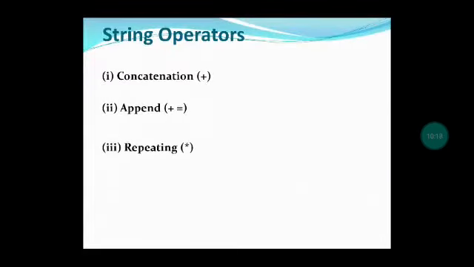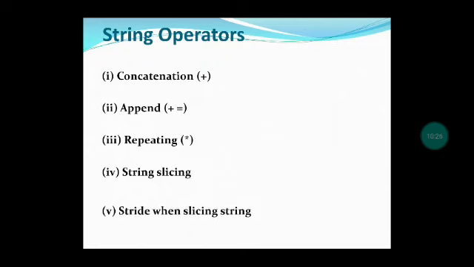The string operators in Python are concatenation, that is plus operator, append, that is plus equal to operator, repeating, star operator, string slicing, and next stride when slicing string. So these are the classification of string operators.